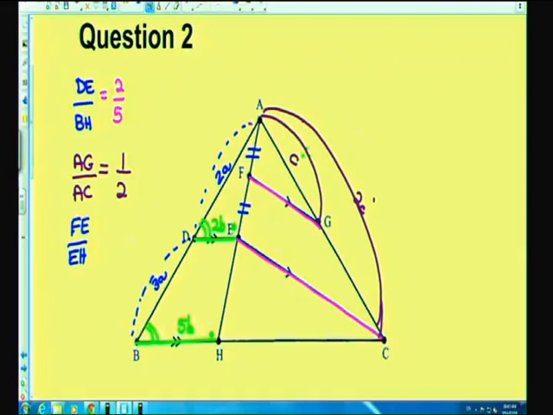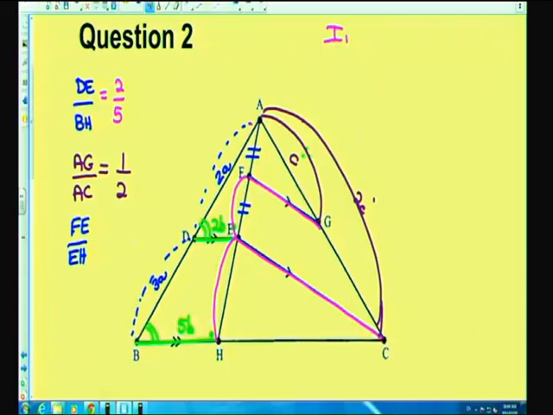So we want FE, this guy, to EH, this one here. Now that's quite an interesting thought, because if you look at that, that's not part of a triangle with a parallel line. But we do know that we can find something about AE to EH, because with that green parallel line we can get somewhere.